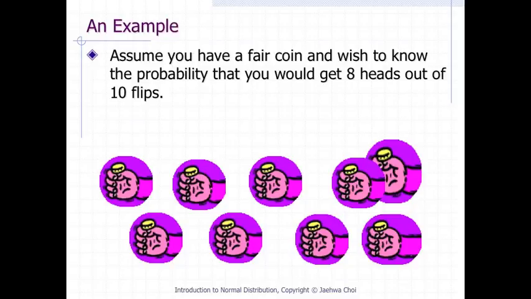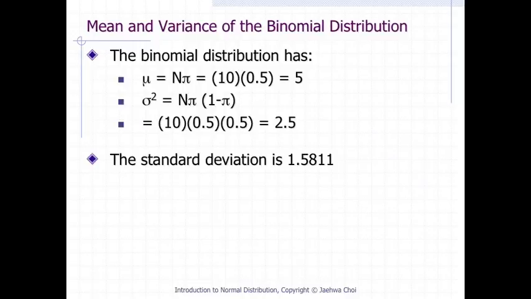Assume you have a fair coin and wish to know the probability that you would get 8 heads out of 10 flips. The binomial distribution has a mean of n pi. Since there are 10 coin flips, n equals 10. The probability of a head on any given flip is 0.5, so pi is 0.5.